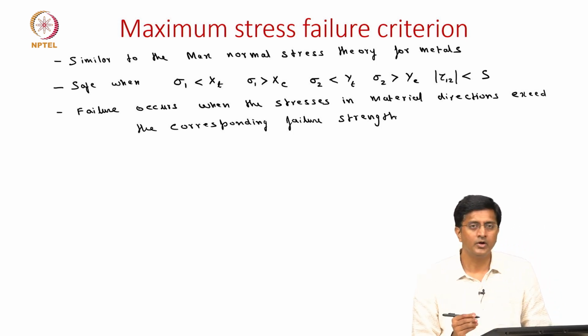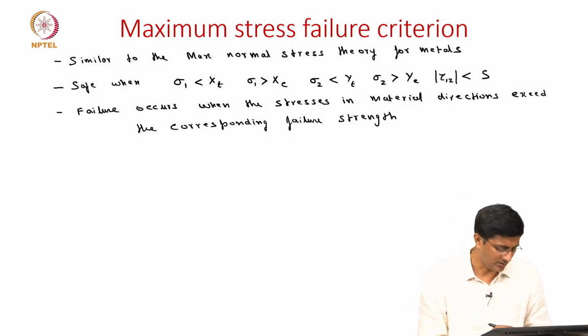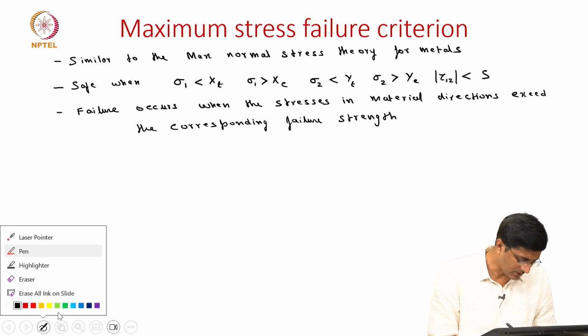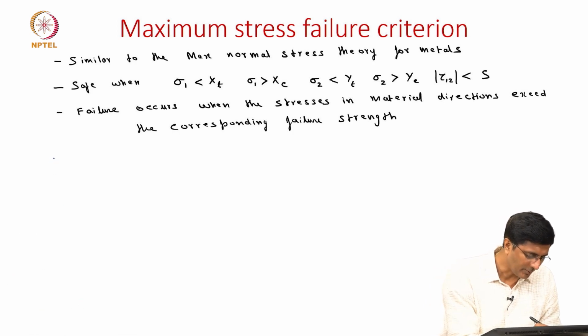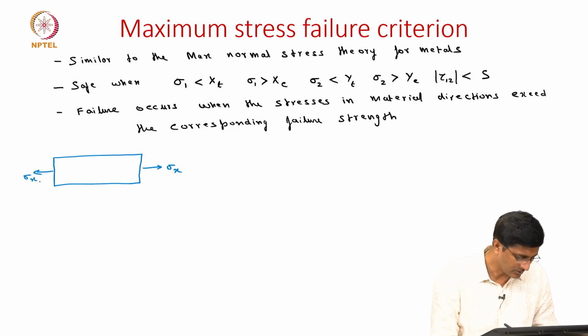Now let's see for a uniaxial load how we can apply this theory. So let's again consider this lamina, and let's say it's loaded along the x-axis. So we are applying sigma x, and let's also show the fibers.